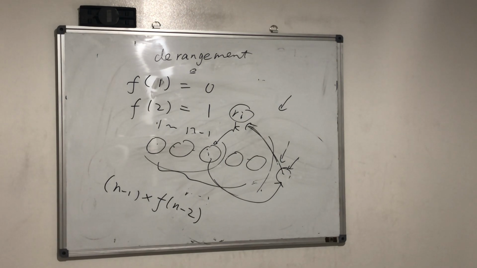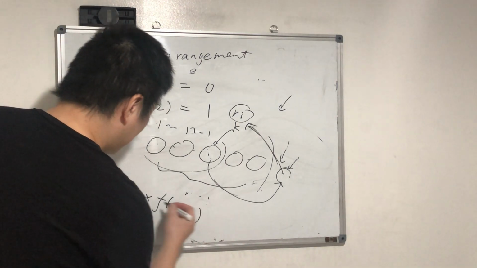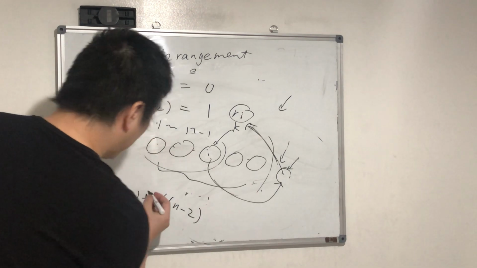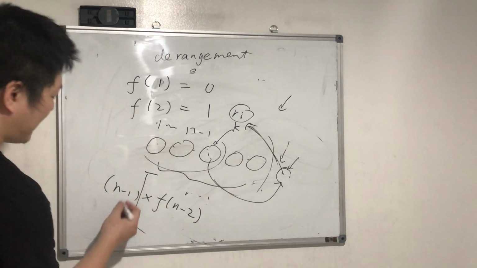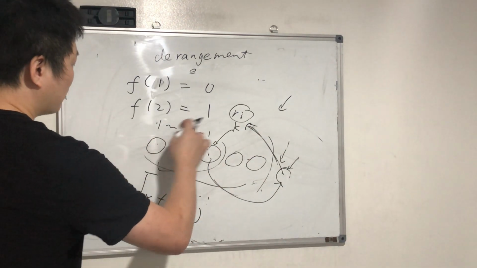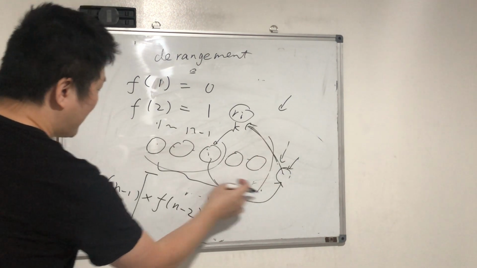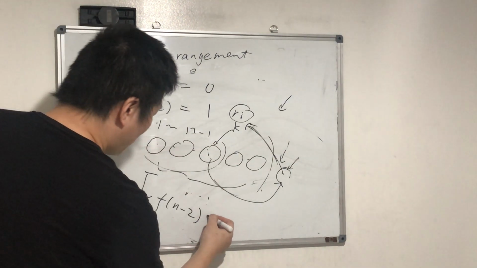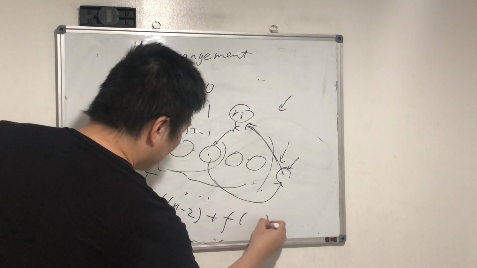Because this n plus 1, I need to put it outside, yeah? Because those together will be n minus 1. I choose n minus 1 possibilities. So that will be plus f what? Can you guess?